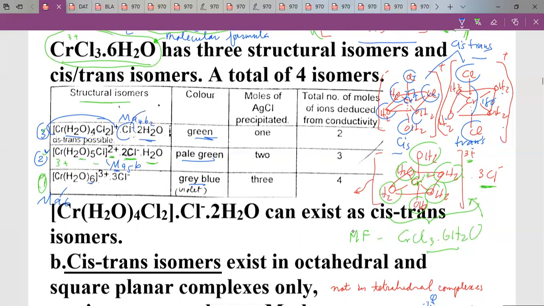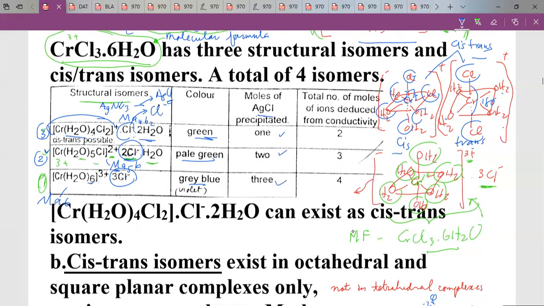The Cl minus will come out as a free Cl minus ion, and it can be shown by just using silver nitrate, which will react to give you silver chloride. 1 mole here, there are 2 moles of free Cl minus, here there are 3 moles, and they use this idea to actually find out which is the structural isomer afterwards. Okay, so 1 mole silver chloride precipitate, then 2 moles, and then these 3 moles here.